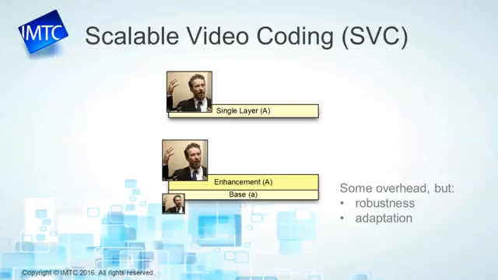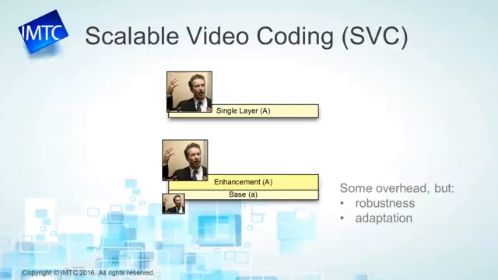And this can be in terms of frame rate, it can be in terms of spatial resolution. In these diagrams, I'm just showing 2 layers, a base and an enhancement, but you can have more than 2.